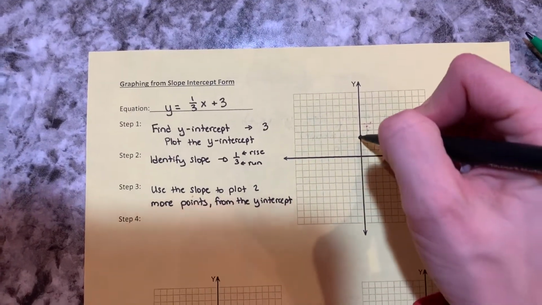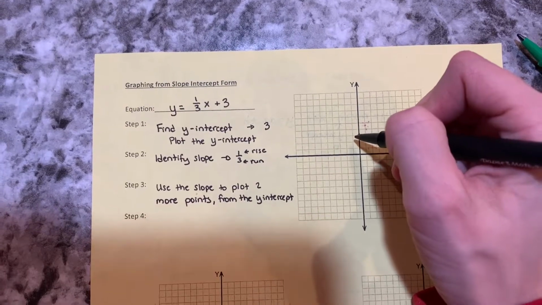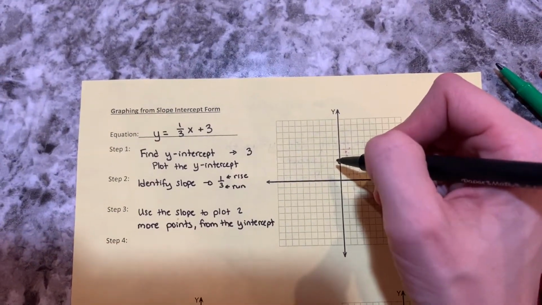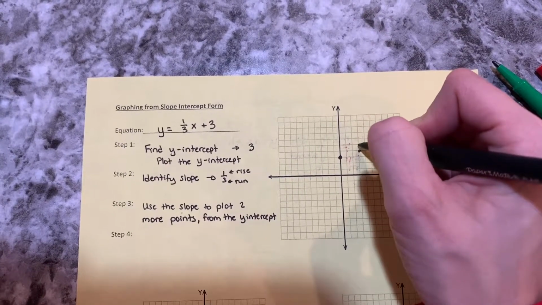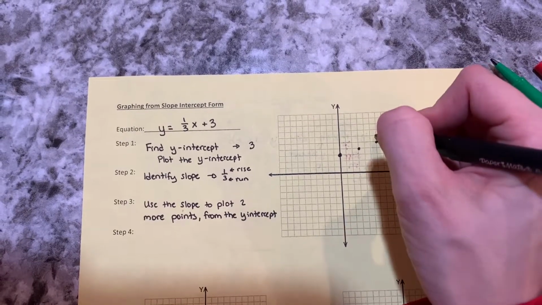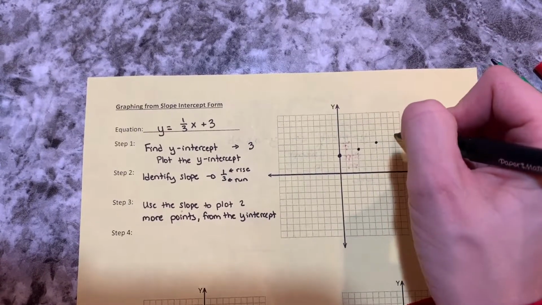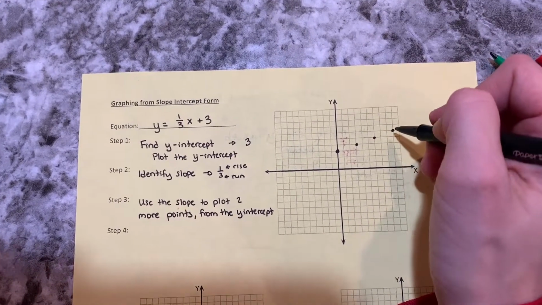So we start off on our y-intercept, and then we use the slope to get a couple more points. Now our slope was 1/3. So what that means is we're going to go up 1 over 3. Up 1 over 3. Up 1 over 3.